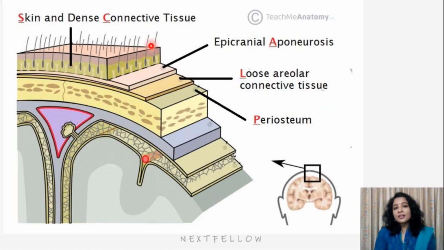Let us understand still more clinical aspects about the tissue expander. The tissue expander is the plane of cleavage in the scalp. The plane of cleavage is between the aponeurosis and periosteum. In the rest of the body, the tissue expander is an avascular subcutaneous layer.